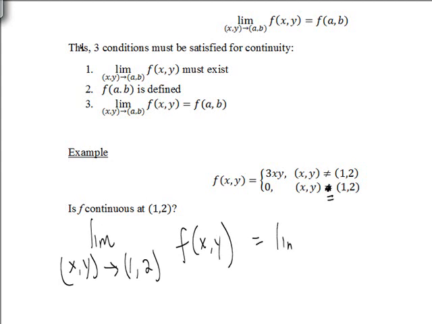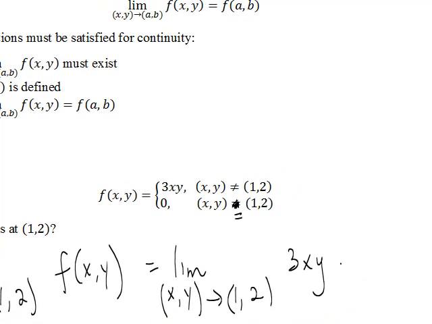That is equal to the limit as (x,y) approaches (1,2) of 3xy, because it's approaching (1,2), not equal to (1,2). And you can just do this limit by simple substitution. That is equal to 6. Put x equals 1 and y equals 2. So the limit exists, right?